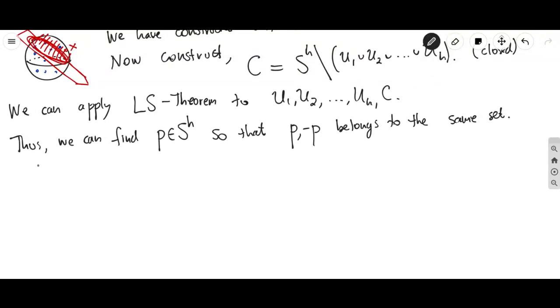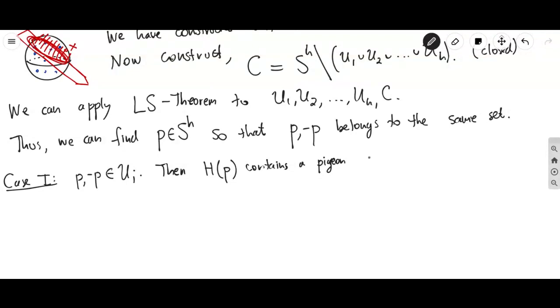So let's consider what happens. So there are two cases. Case one, P and minus P belong to U_i. Then the hemisphere at P contains a pigeon, let's call it capital P, from hole I. So this is the definition of U_i. U_i is the collection of all points on the sphere so that the hemisphere at that point will contain a pigeon from hole I, right?